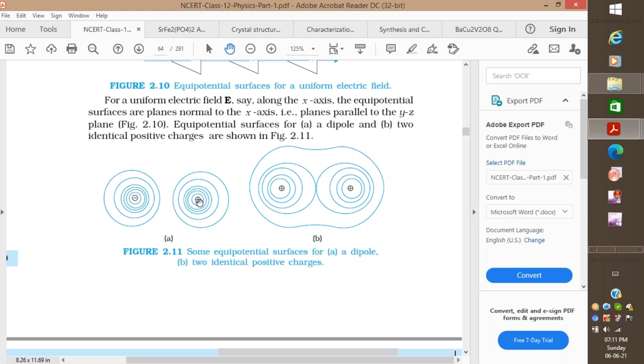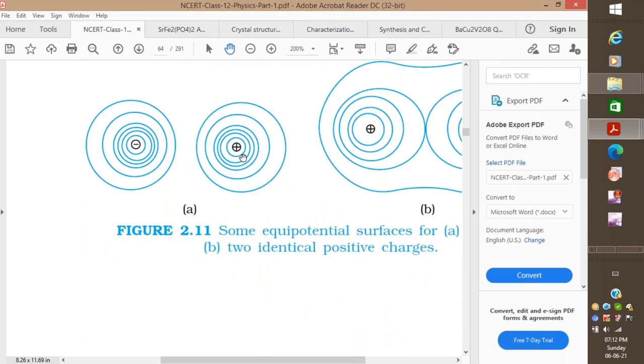But look, these charges actually influence each other. When I draw equipotential surfaces for the positive point charge, I have some influence from the negative charge. At the same time, when I draw equipotential surfaces for the negative one, I have some influence from the positive charge. So that's why they are not exactly concentric.